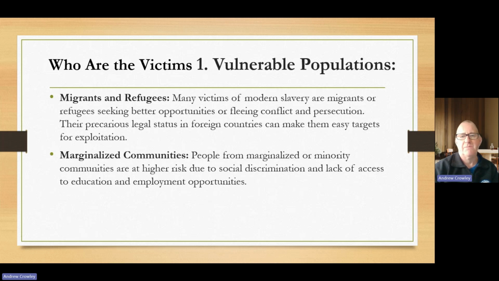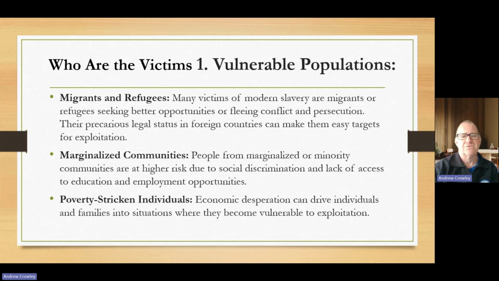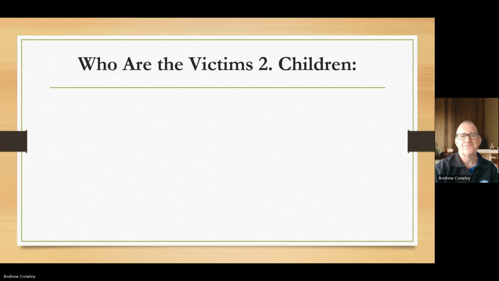People from marginalised or minority communities, either by class or race or ethnicity, are usually at a higher risk due to the social discrimination within that country and lack of access to education and employment activities. Poverty-stricken individuals, well, economic depression can drive individuals and families into situations where they become vulnerable to exploitation.